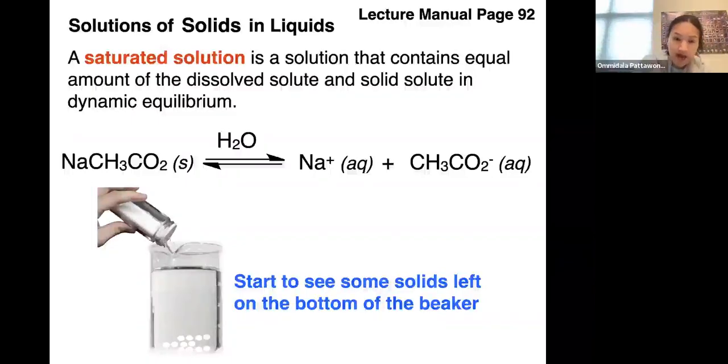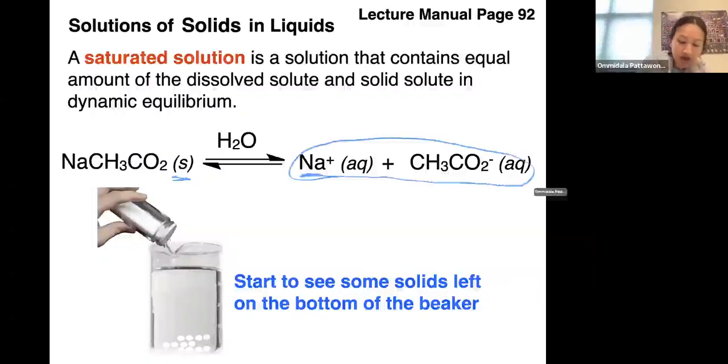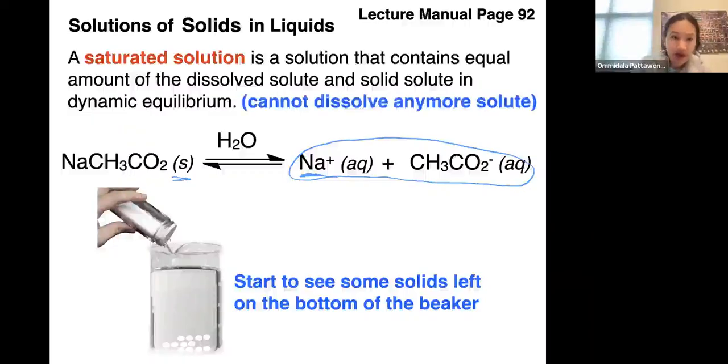When you observe this, this point right here is what we call the equilibrium point. It is the point where solid will no longer dissolve, and it contains the maximum amount of the ions available in the solution. So this is the maximum amount of solute in the solution that is allowed. If you add more, it's just not going to be able to dissolve.